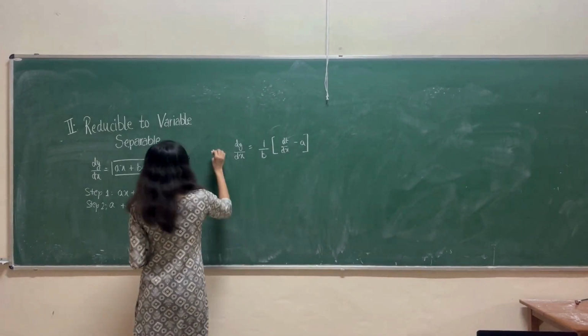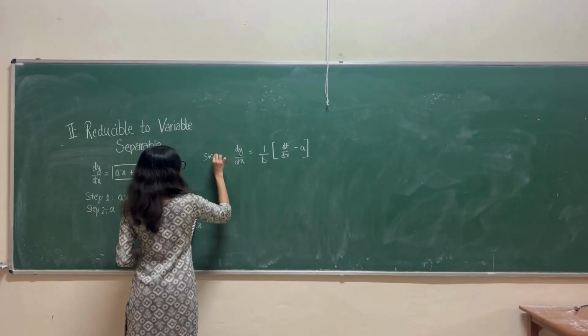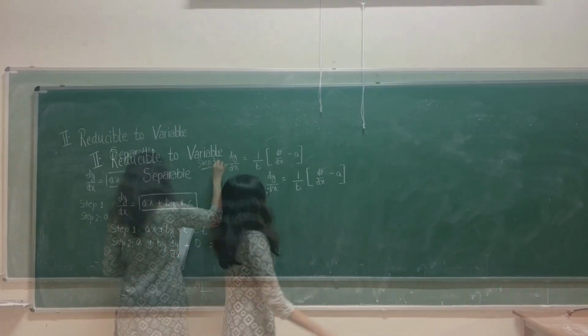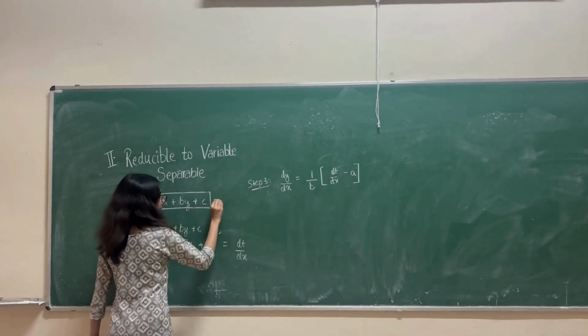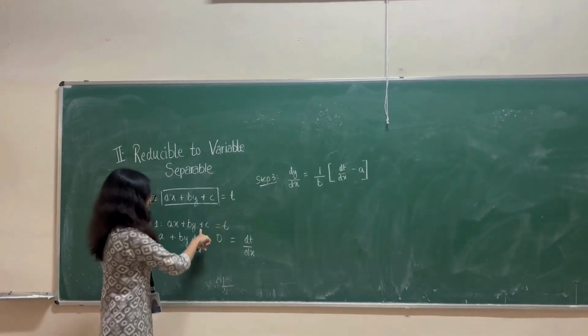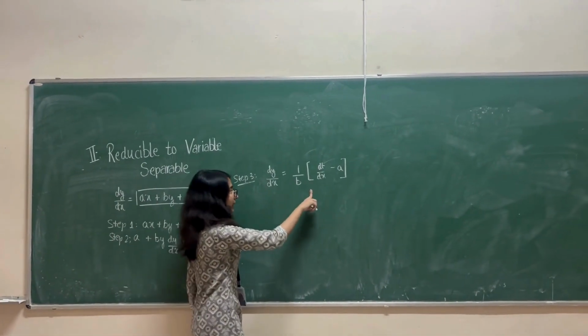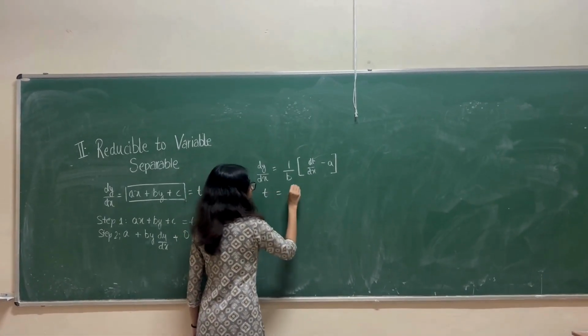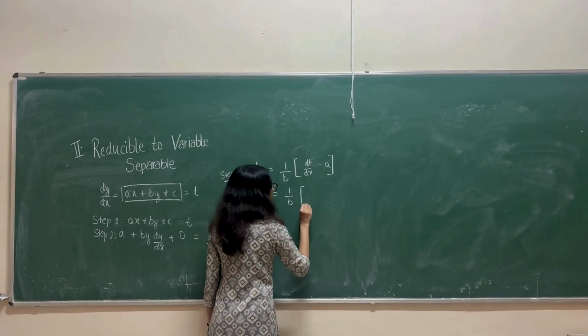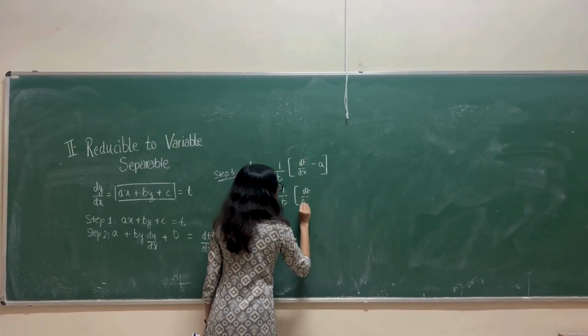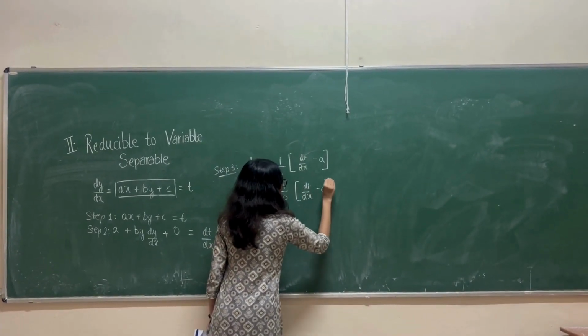This will be step 3. So now since this entire thing is equal to t, as we previously mentioned, dy by dx also equals t. So we can replace here: t will equal 1 by b into (dt by dx minus a).